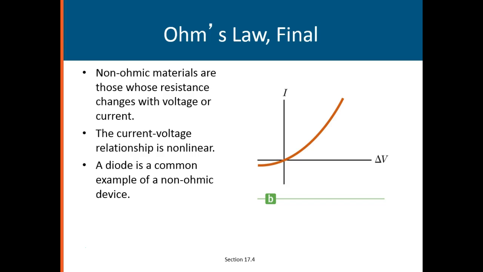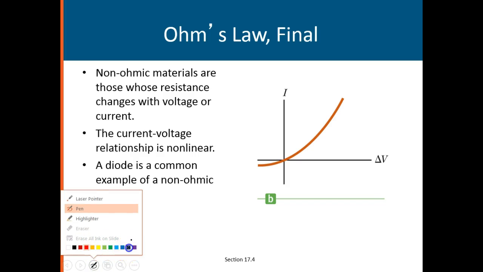Okay, 17.5. All electrical devices are required to have identifying plates that specify their electrical characteristics. The plate on a certain steam iron states that the iron carries a current of 6 amps. So let me get my pen activated so I can write here.